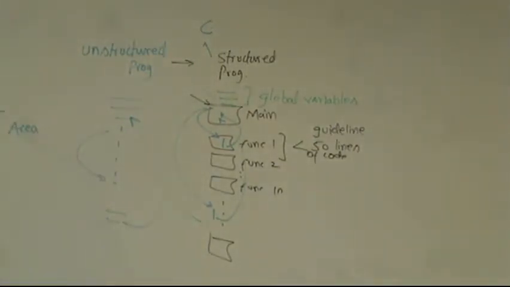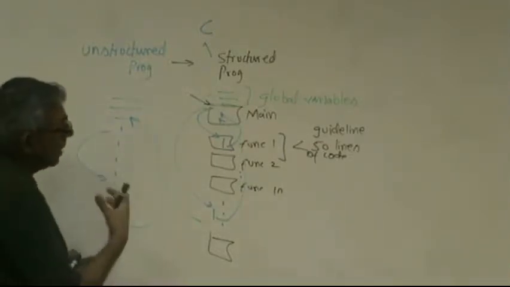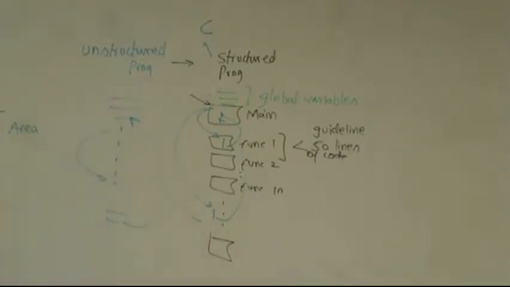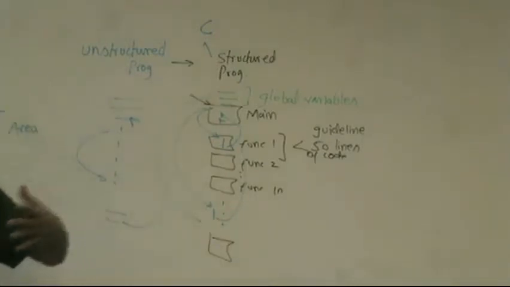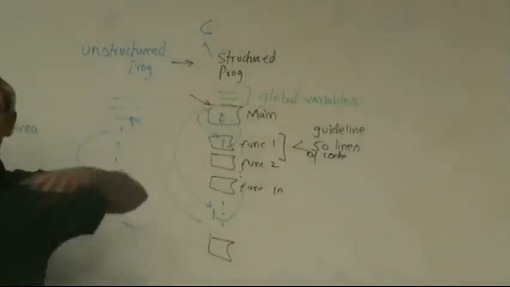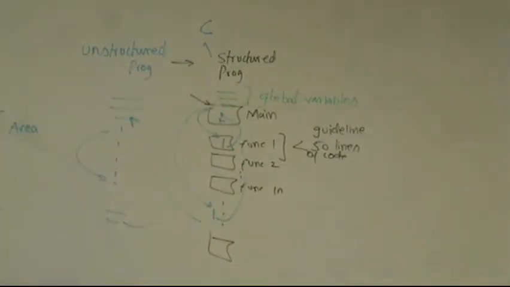So that causes unreliability in large software development. One day it was producing correct results, somebody went and changed one of the variables, and it stopped giving you the correct result. And those types of problems are very difficult to debug.